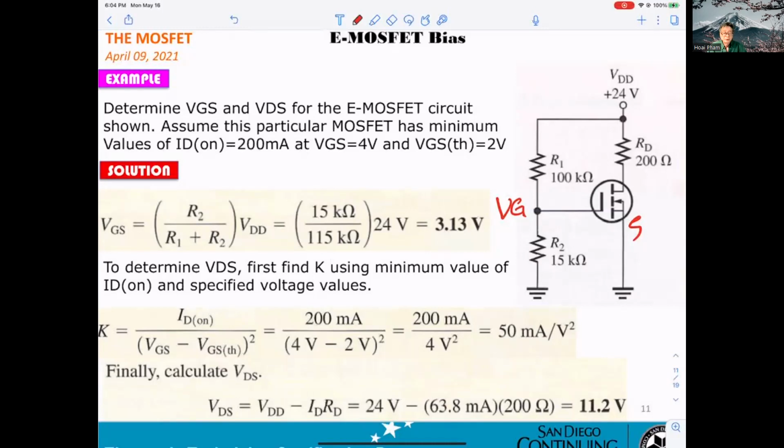And now you want to calculate the VDS. VDS equals VDD minus ID times RD. That gives you 11.2 volt.